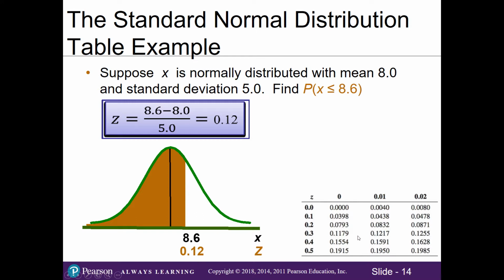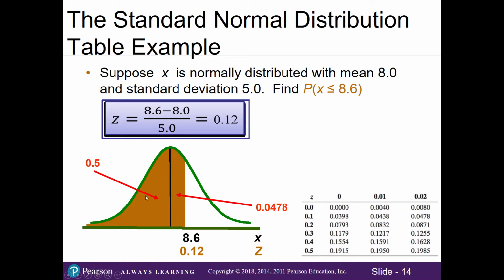Using our appendix, we know that the shaded area between our mean and our z-value of 0.12 is 0.0478. But that only gave us this part right here. So to find our total value of all random variables below 8.6, we then have to look to the left, below. We'll go to the left side. And we know that on this side of our curve, it's worth half.